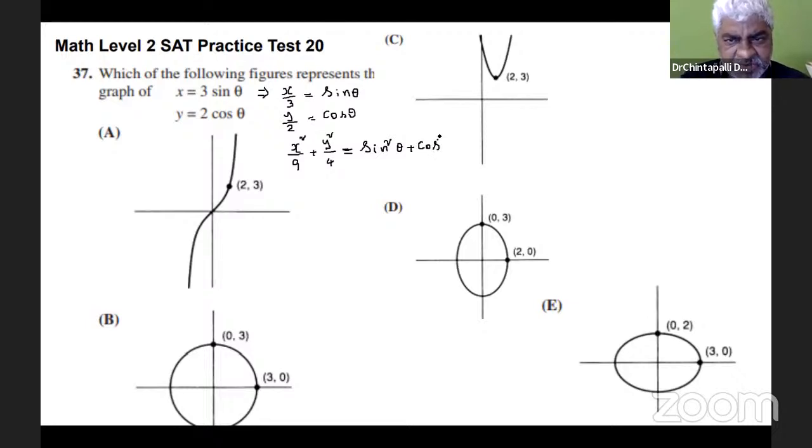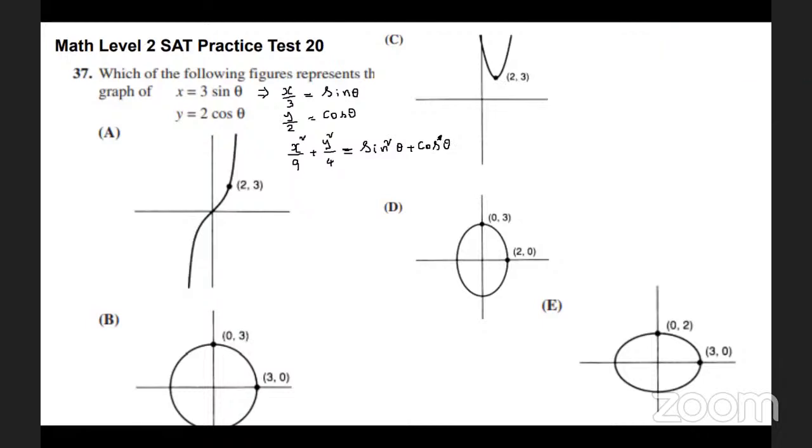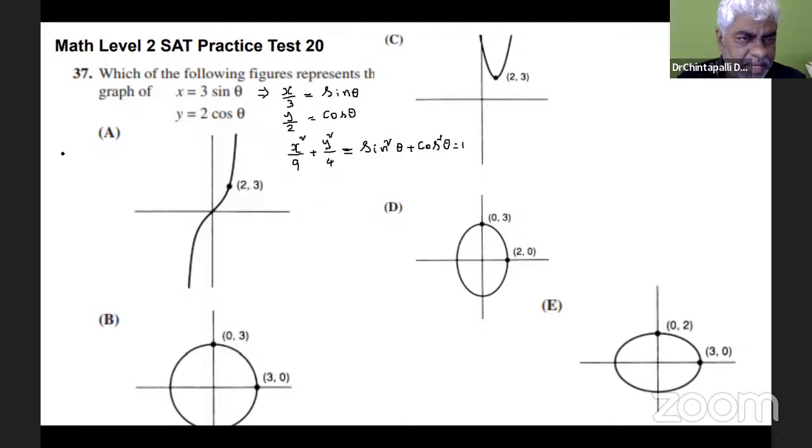What is the value of sin square theta plus cos square theta? 1, sir. So the given equation is x square by 9 plus y square by 4 is equal to 1.